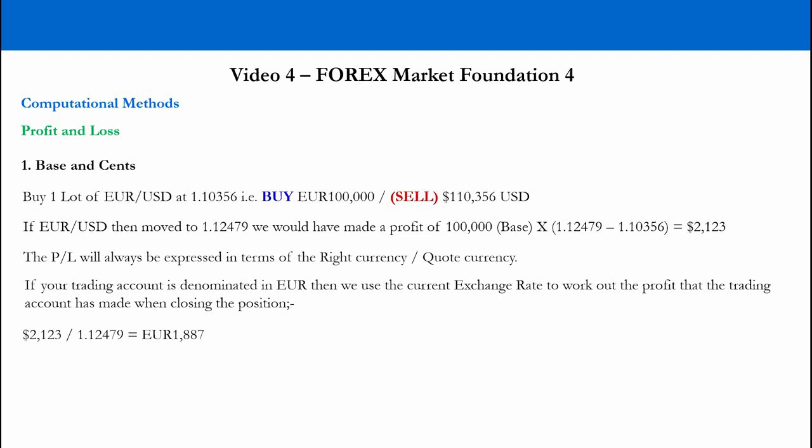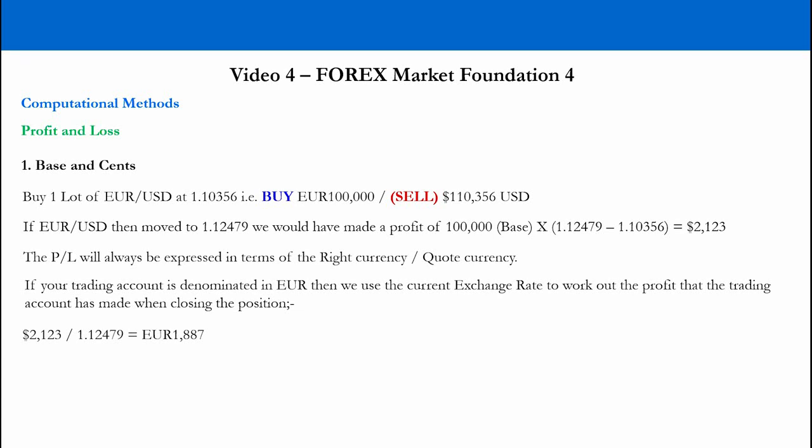Now, if your trading account is denominated in the base currency, in this case the euro, then we use the current exchange rate to work out the profit that the trading account is going to make in the base currency terms, the currency that the trading account is denominated in.